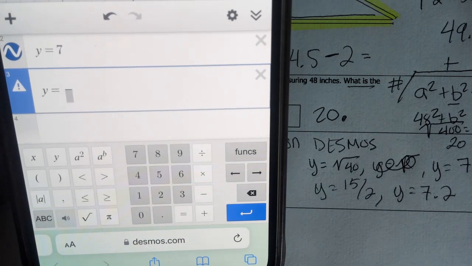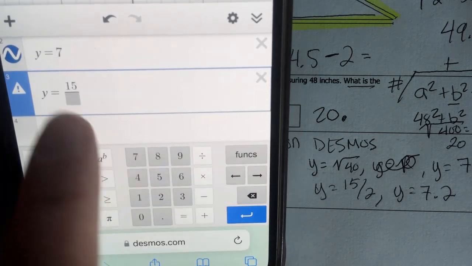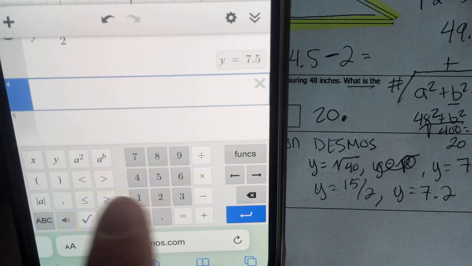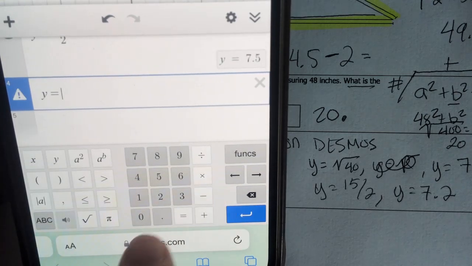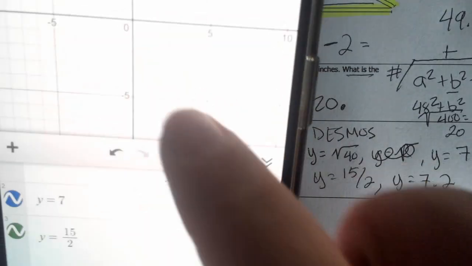Type the division sign to get the fraction. 15 in the numerator, 2 in the denominator. And then last one, y equals 7.2. Okay, now I'm going on my graph to find the lines, and I'm going to zoom in so that I can see them a little bit better.